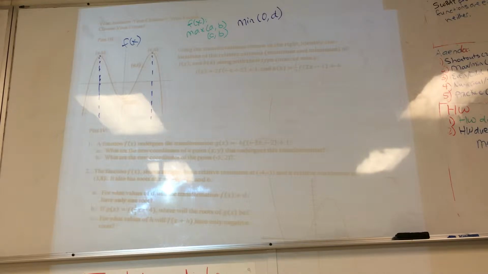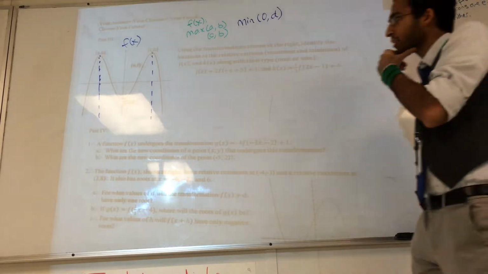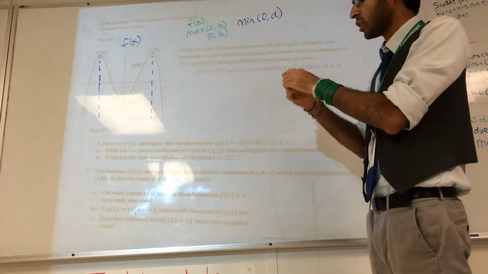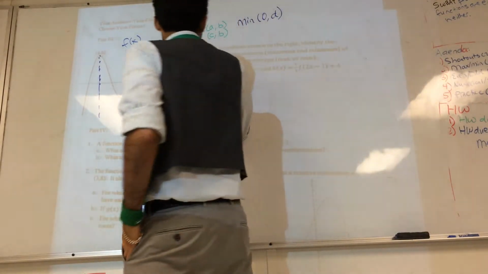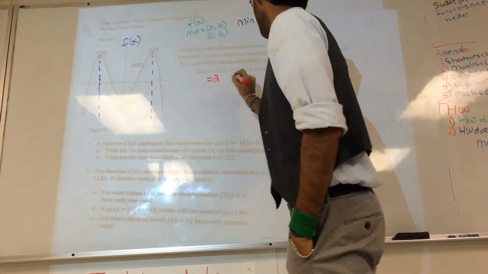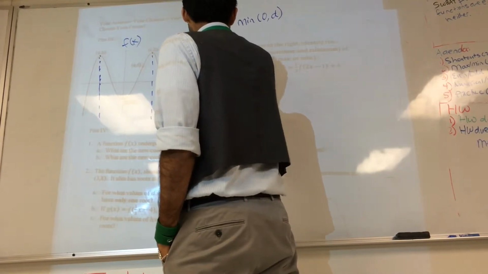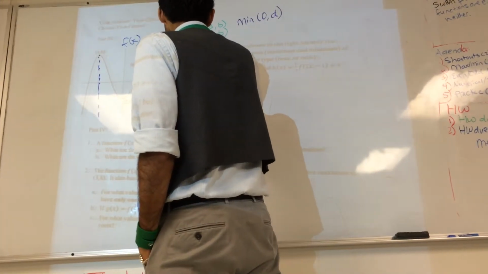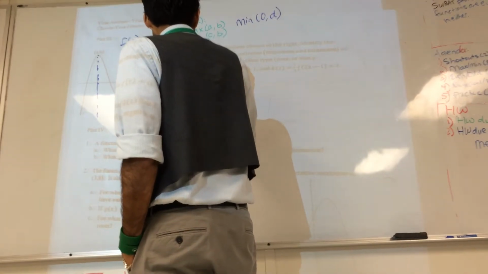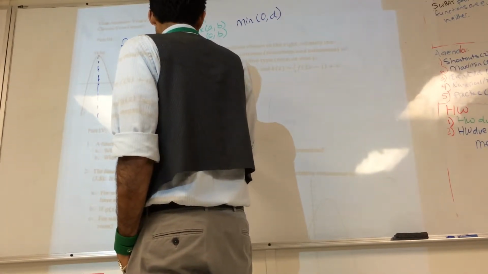Okay. So the question now we have to ask ourselves is on this new function j of x, which is equal to 2 times f of negative x plus 5, what are the max and min?